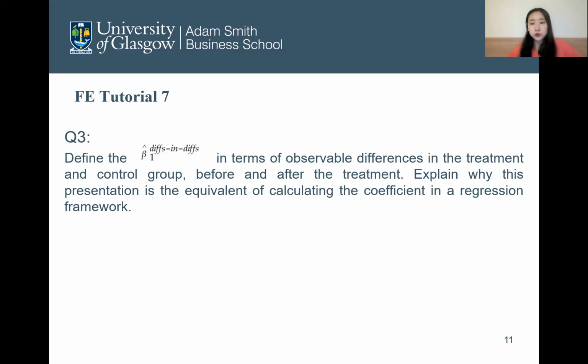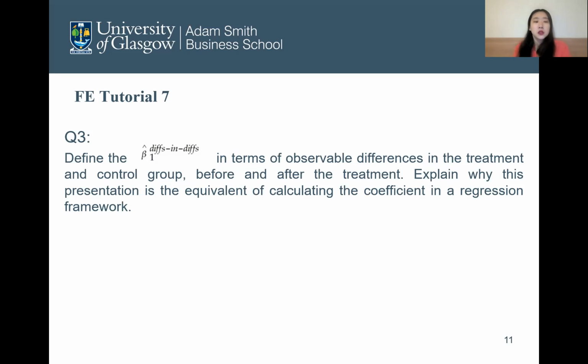Then let's move on to question C. Question C is similar to question 2, but we just need to explain it in another way. We can just have a look first.